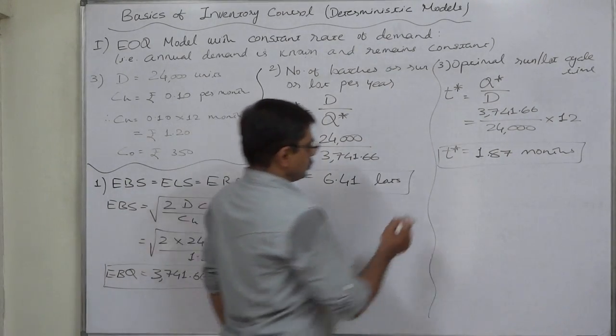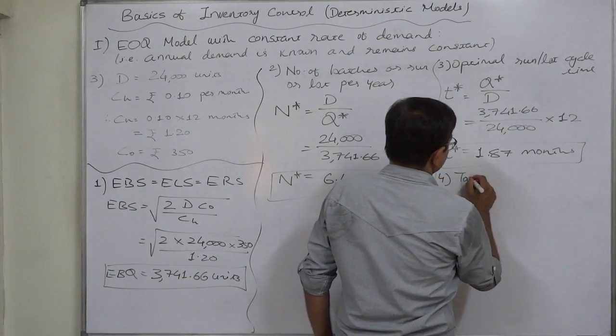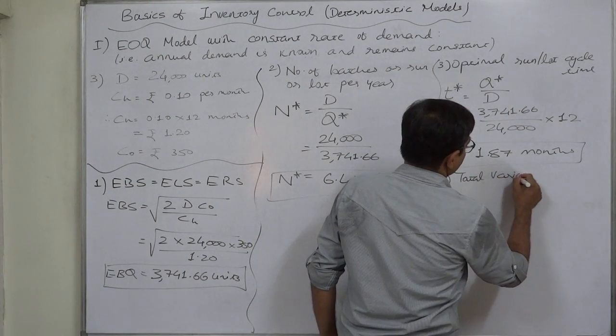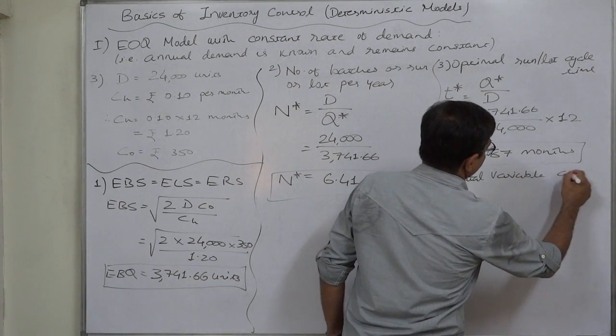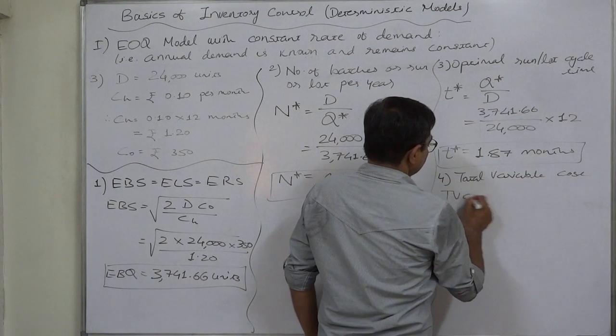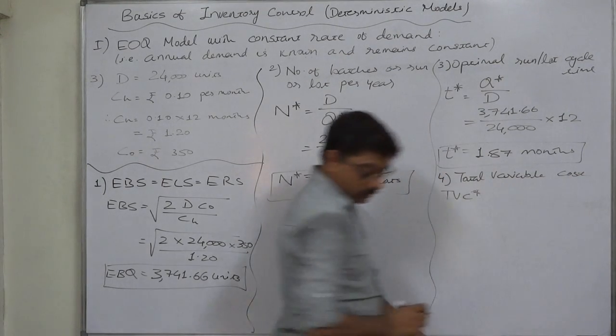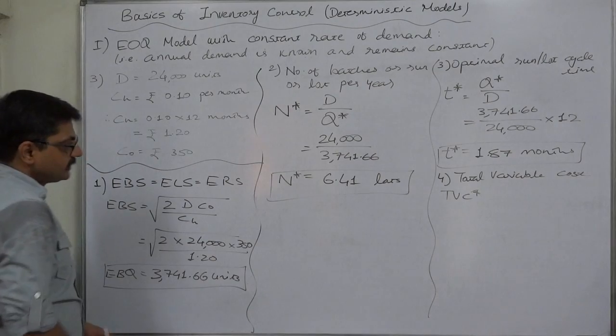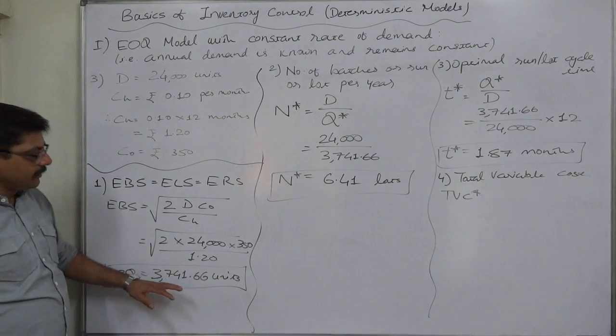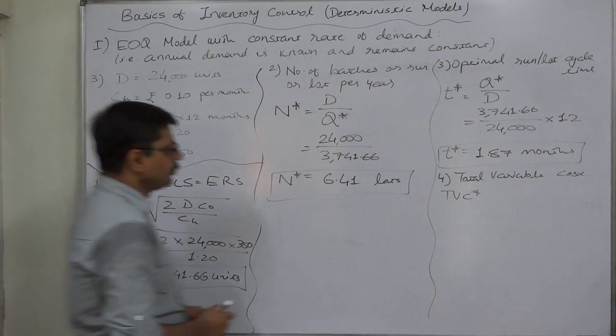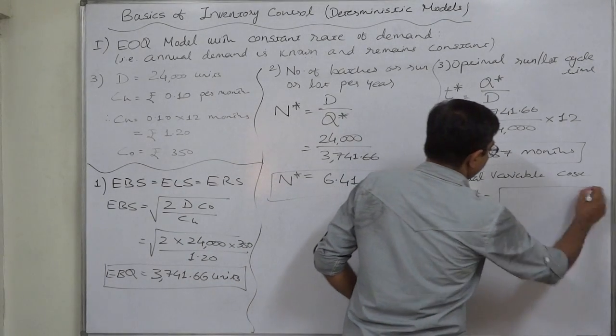Total variable cost. TVC star. Total variable cost, the same concept is there. Since we are going to calculate the total variable cost on the basis of EBQ, the formula with square root can be used.